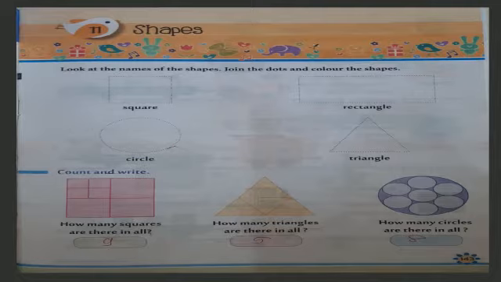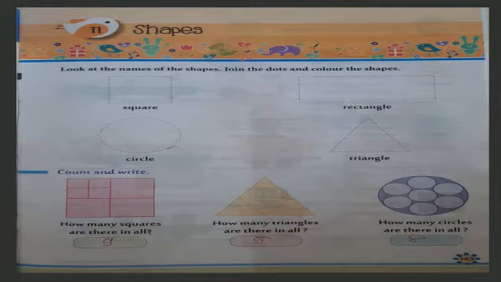In this picture, if we count the number of total squares, they are 9. Yes? So, write the answer below the box. Understood what you have to do here? You have to count the total number of squares from the given picture, and they are 9.